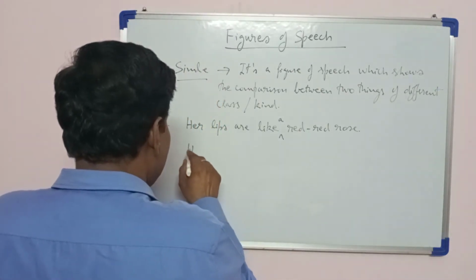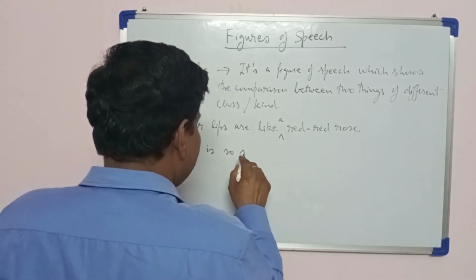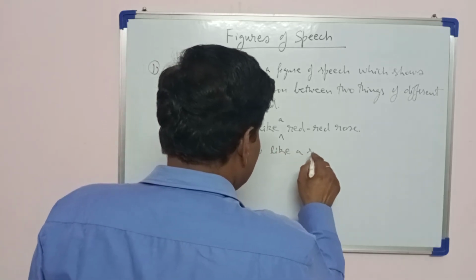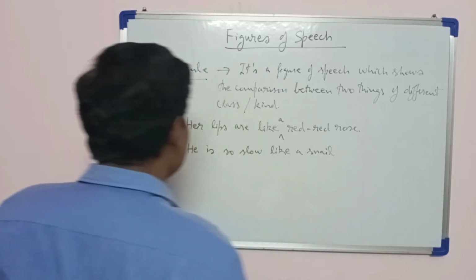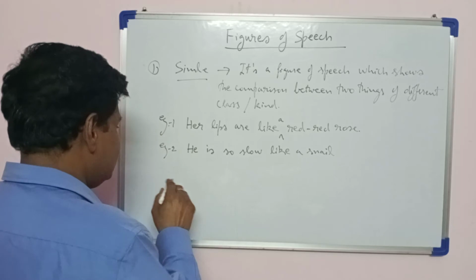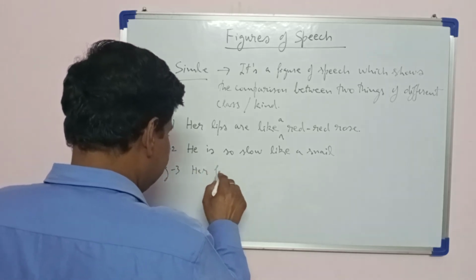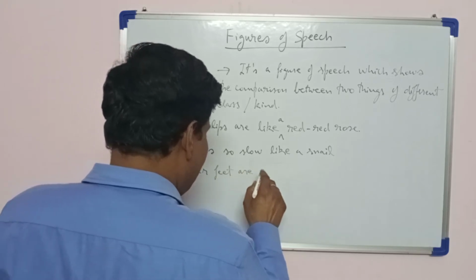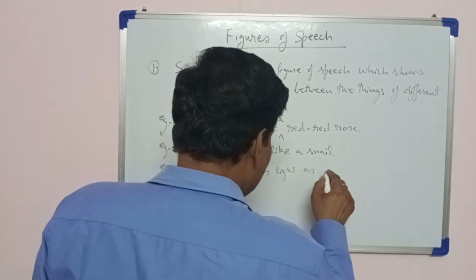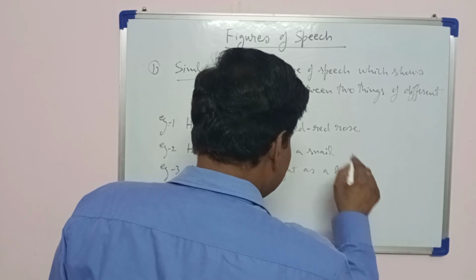Next, he is so slow like a snail. This is another example. Her feet are as light as a leaf.